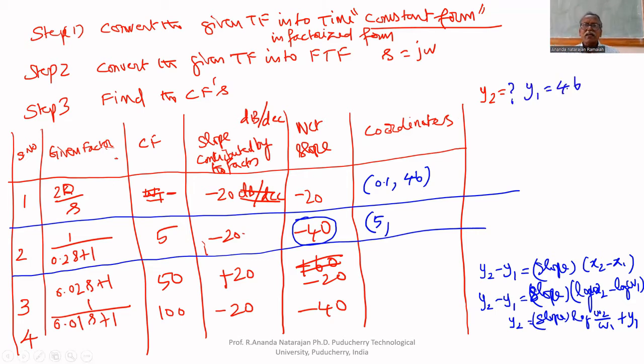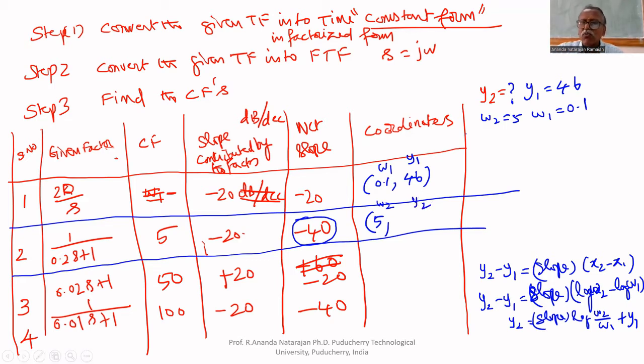Therefore, y2 equal to, we have to find, y1 equal to what? 46. Am I correct or not? y1 equal to 46. Omega 2 equal to 5. Sorry, omega at 5 we have to find. Omega 1 equal to 0.1. This is omega 1, this is y1. Now this is omega 2, y2 we have to find.